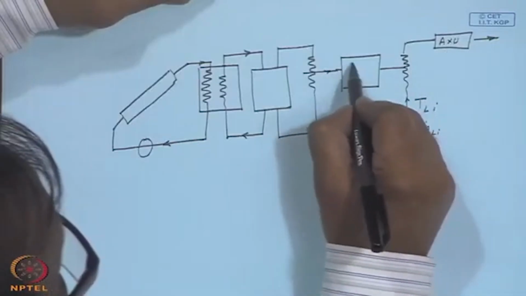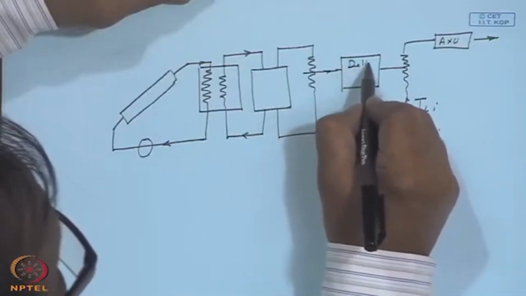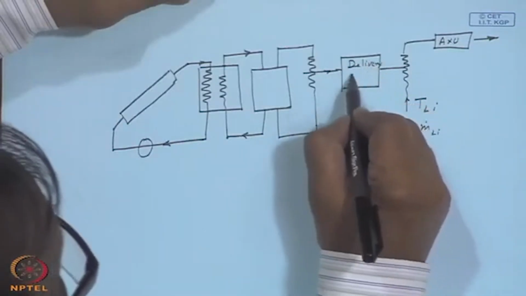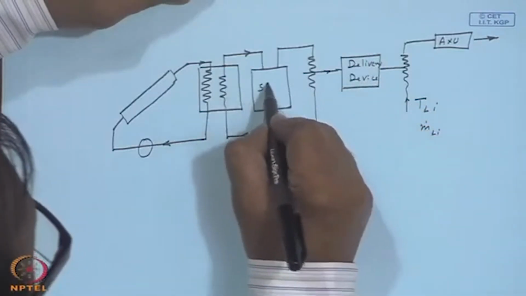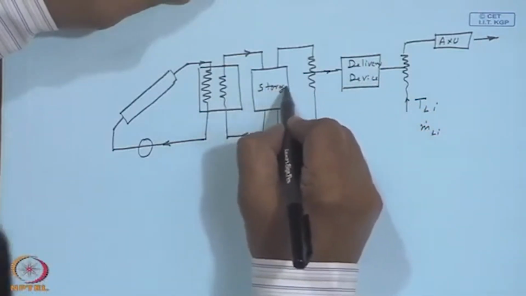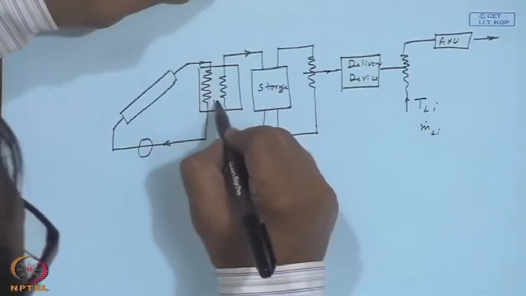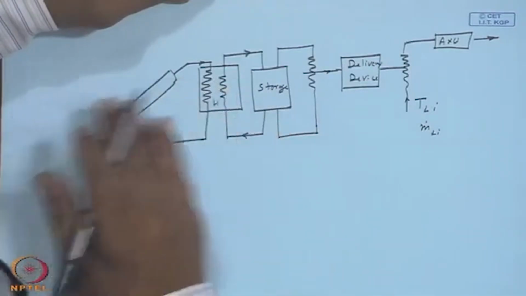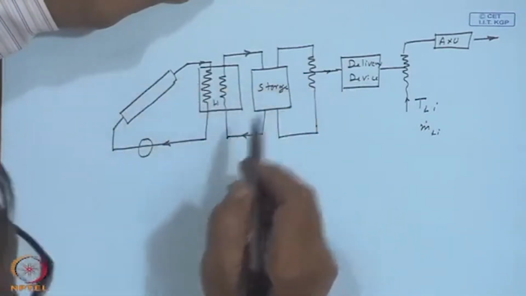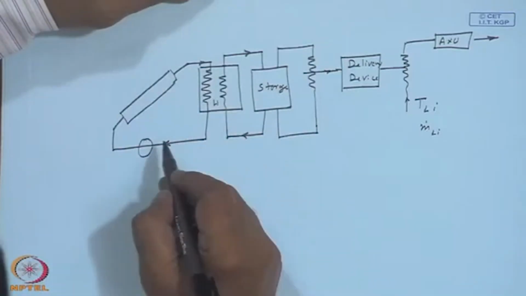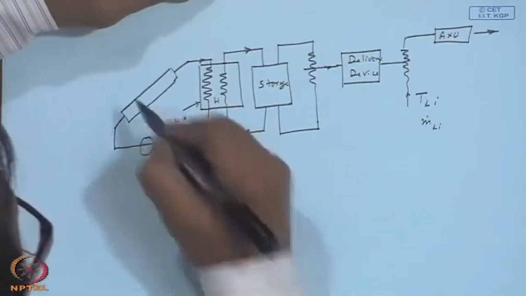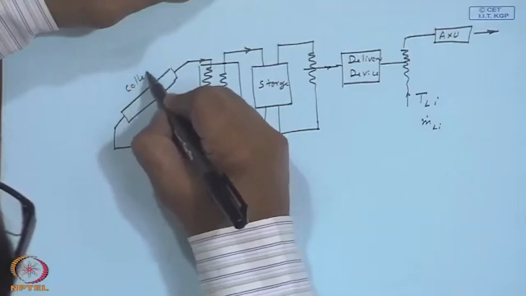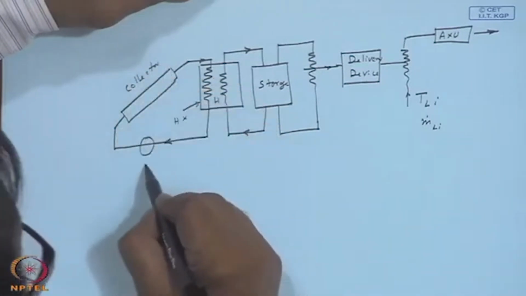This is sort of, you can call it a delivery device. This is your storage. This is a heat exchanger which separates the collector loop from the load loop, and you have got here a heat exchanger HX, collector and a pump.